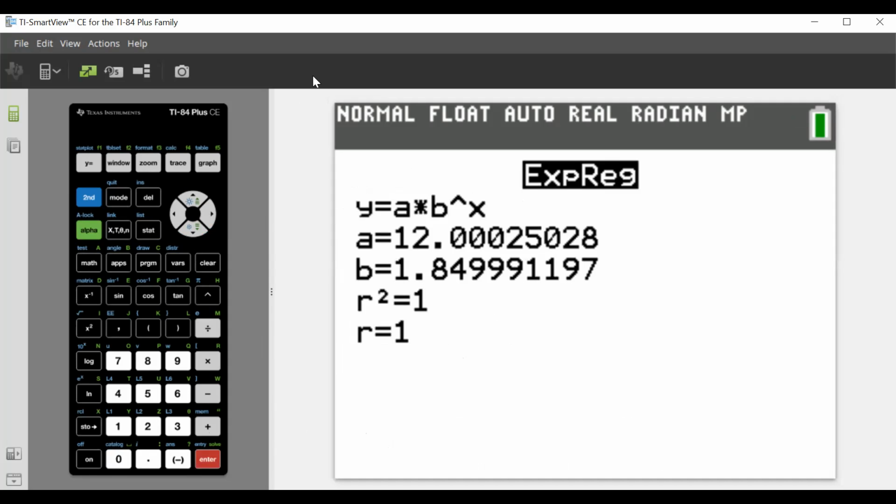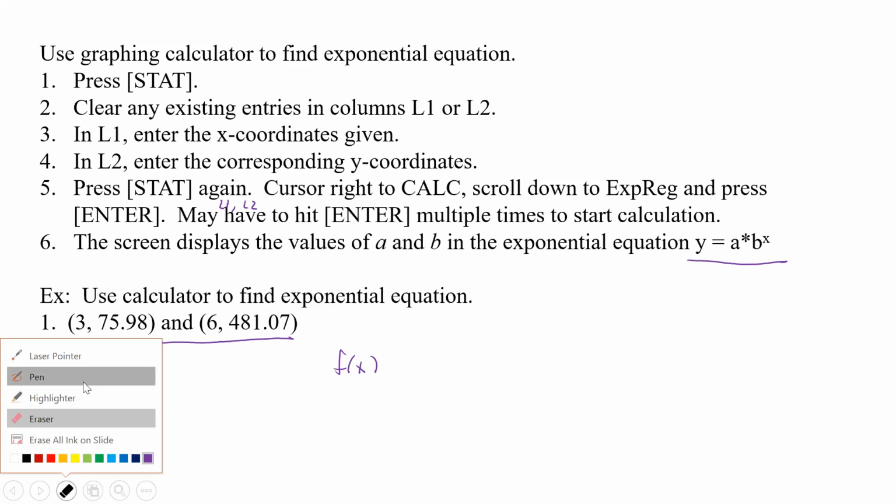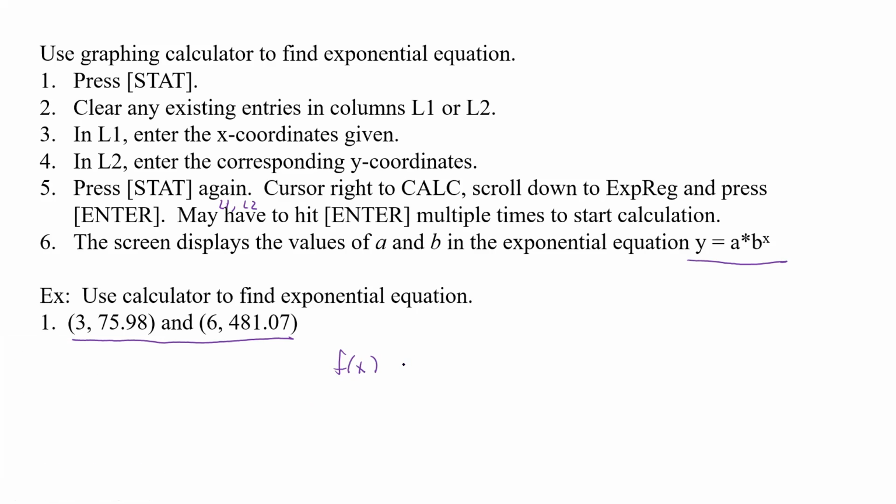So now what we do is we go back over here and we can write it down. We're going to have f of x equals our a. Well, maybe let's not put equals. Let's put approximately, because it was 12.000 something, so I'm going to say it's approximately equal to, and I'm going to round it to 12.